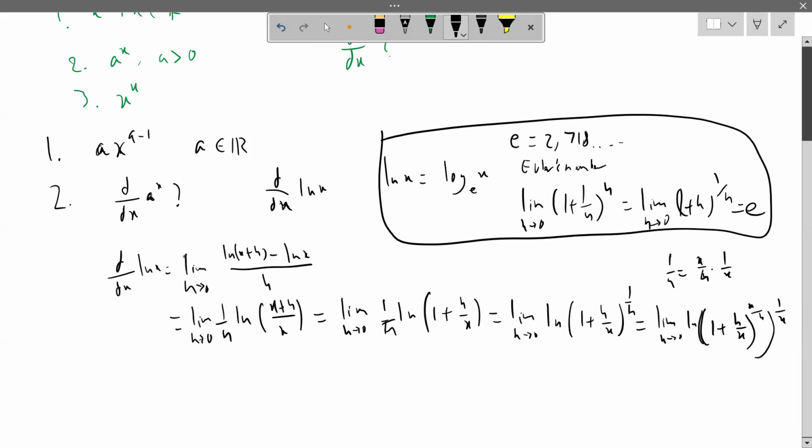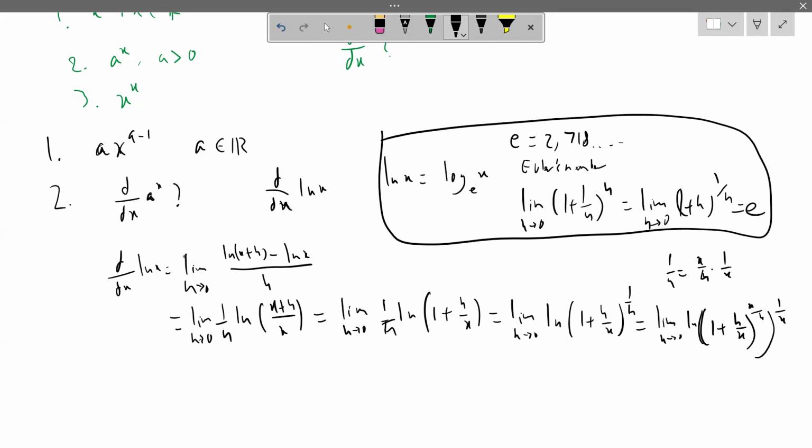Now, because the natural logarithm function is continuous near zero, not at zero, but near zero, then we can interchange the limit and the natural logarithm. Well, it might seem like that visually, but what we're actually doing here is taking the limit of the expression inside of the natural logarithm instead.